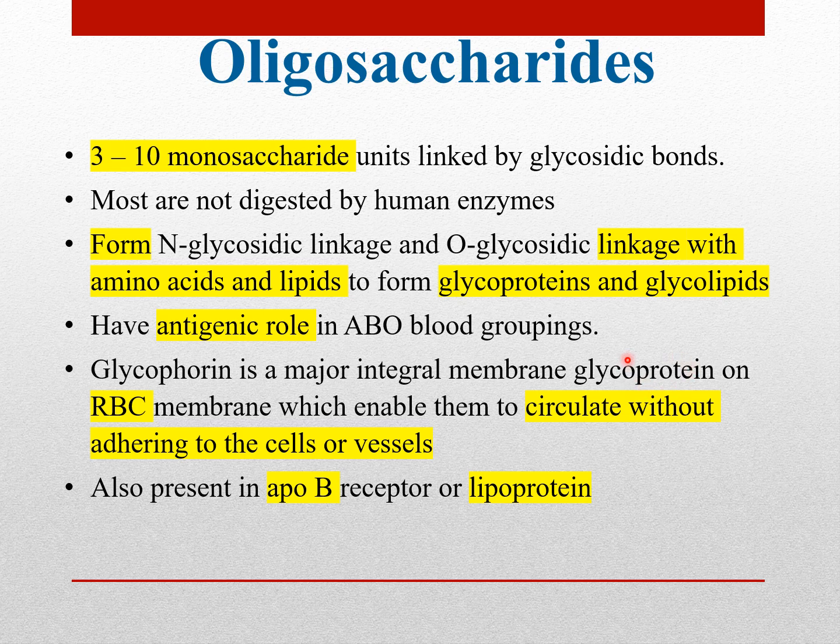So they are glycoproteins on the membrane of the red blood cell. Therefore, they can circulate easily without getting damaged and also with smooth flow. Also present is the oligosaccharide in the ApoB, the receptor protein of the lipoproteins LDL and VLDL; they have this ApoB and it turns out to be oligosaccharides.